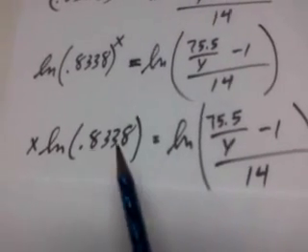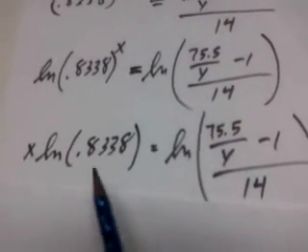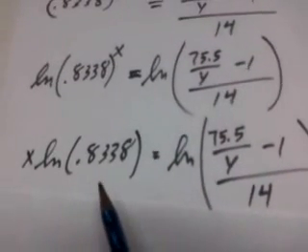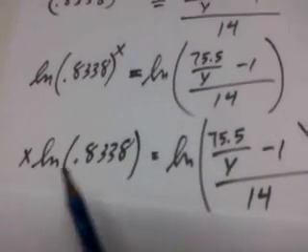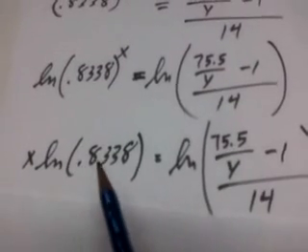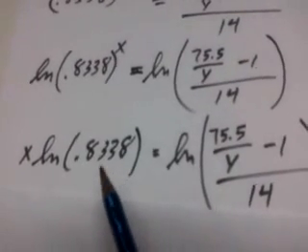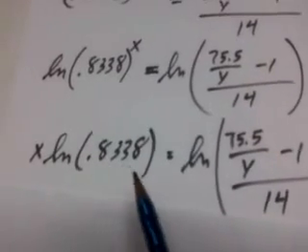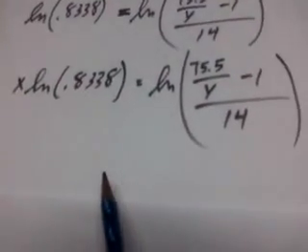Okay, what you need to do here is divide both sides by ln 0.8338, and that will get rid of this ln 0.8338, and x will be by itself. So that's what I've done in the next step. In the next step, I divided both sides by ln 0.8338.